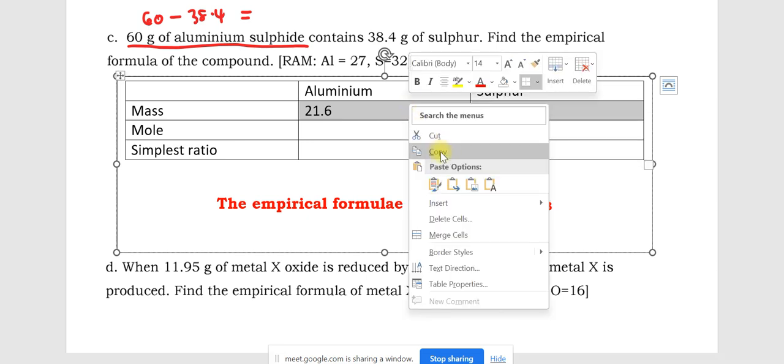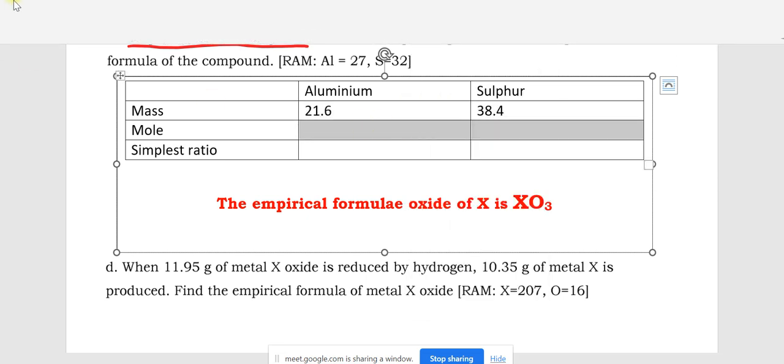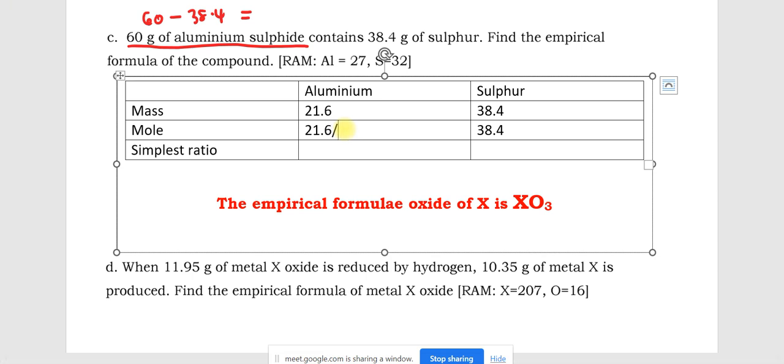Okay, and then calculate the moles. Aluminium is 27, which is equal to 0.8 mole. Sulfur is 32, 1.2 mole. Now the smaller of the two is 0.8, so divide by 0.8.